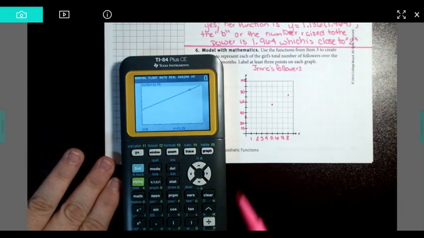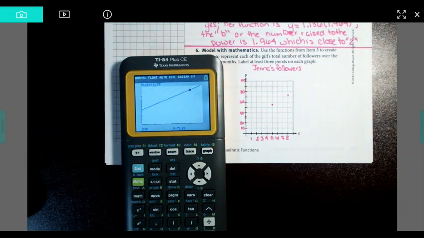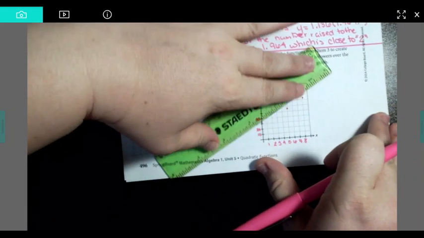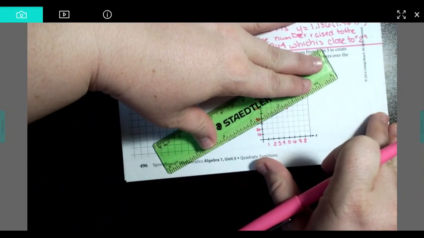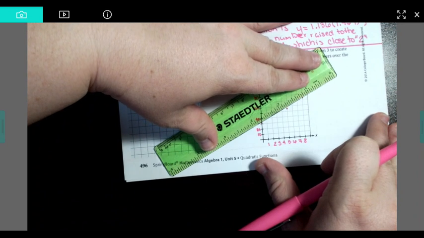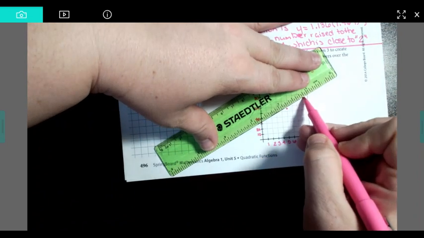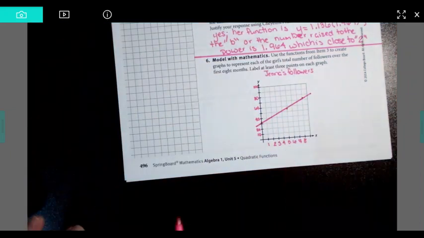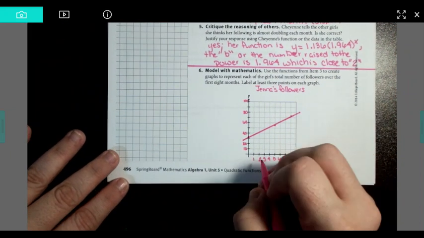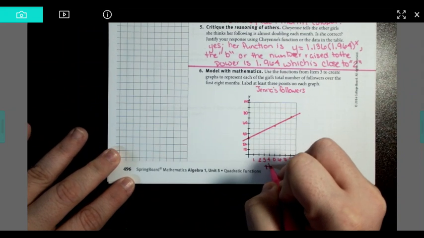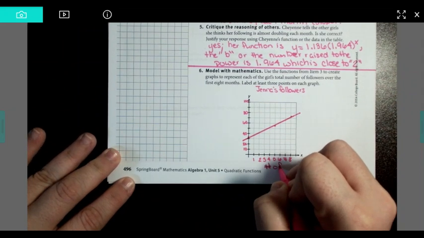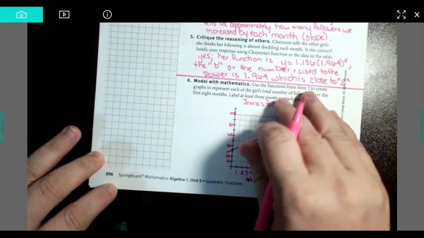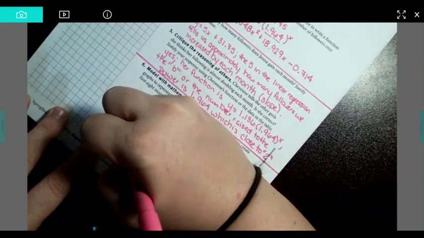Okay, and this is a straight line, so I'm going to use my straight edge here and connect those dots. Like so. And we're going to label this as number of months. And this would obviously be the number of followers.